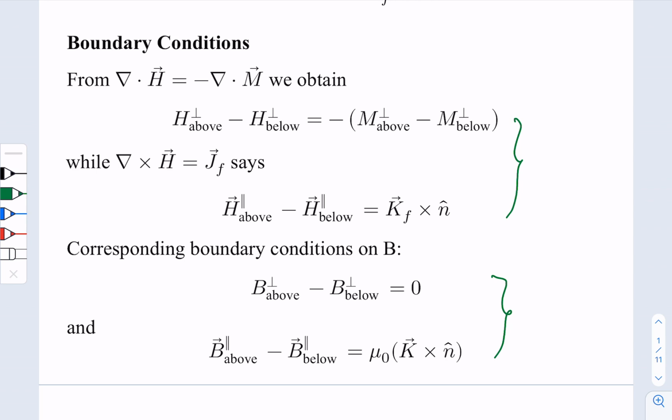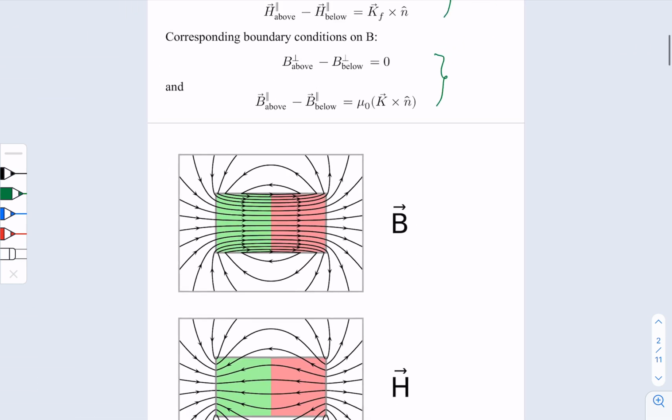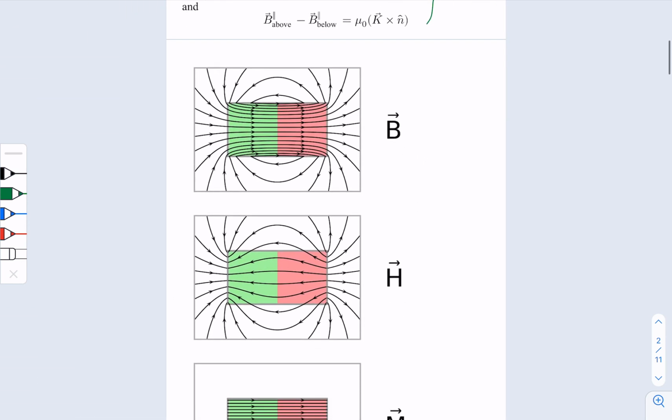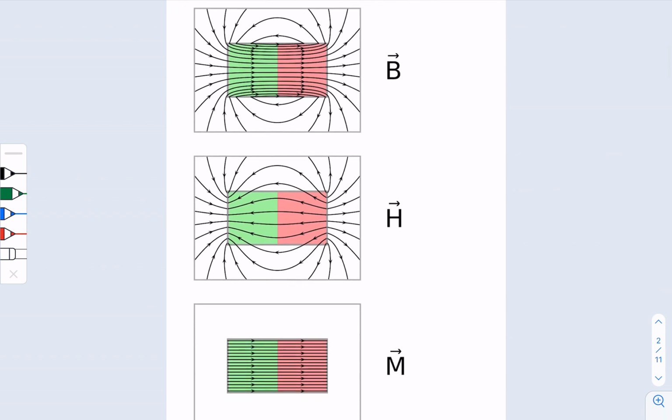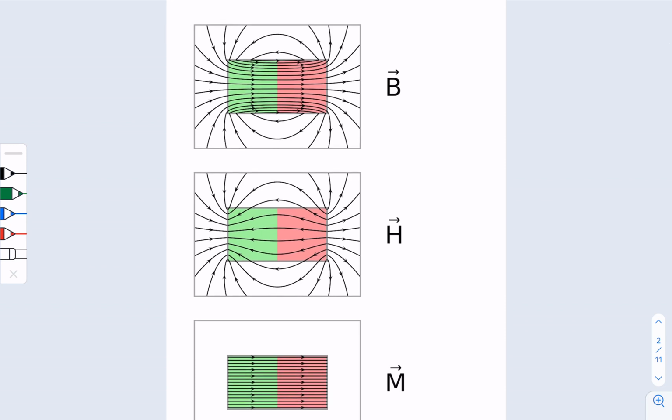To visualize that, we plotted what the B and the H field should be for a permanently magnetized material. So it's like a bar magnet. For a bar magnet, the magnetization vector simply points from one pole to the other, say from the South Pole to the North Pole.